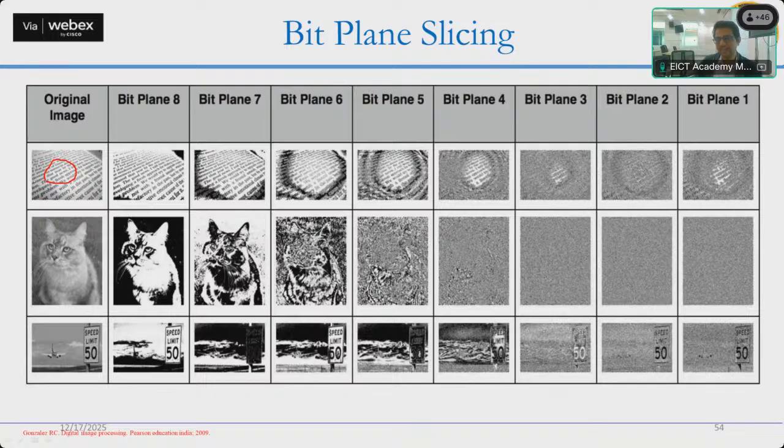It would be available in the same resolution at your end after the communication. Are you able to read what is in this circle? Two words are there. Very, very good. So Vivek has interpreted this as good news, right? So what you can see here is that even the very, very small letters are visible in bit plane 8. In bit plane 7, it has become difficult.